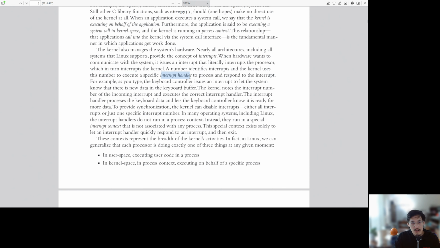So based off of the specific code of that interrupt, a special function is going to run and respond to that interrupt to handle it. It's kind of like an event, right? An interrupt is like a very special, high priority event. Your interrupt handler is going to be the event handler, the function that will run in response to that interrupt.